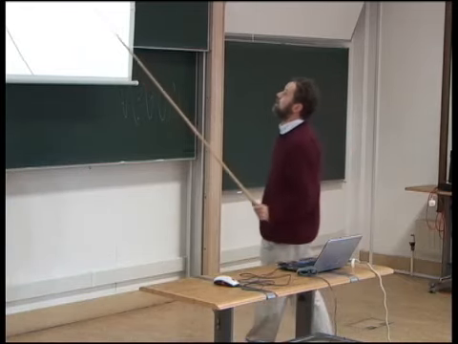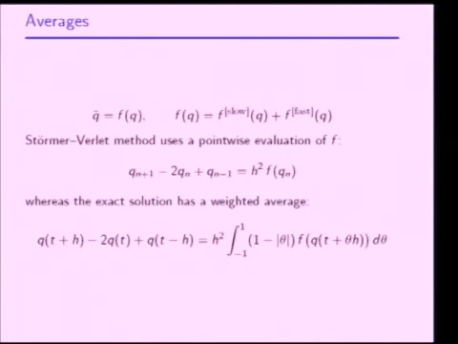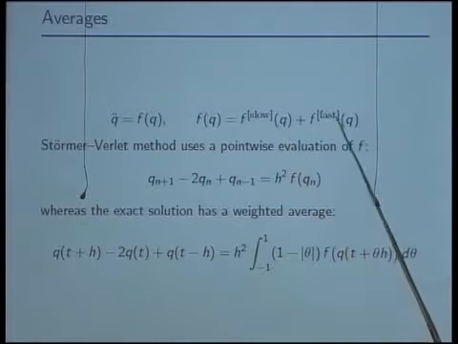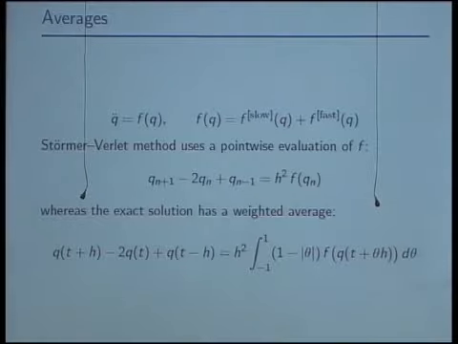Let's take a second order differential equation of standard form, where the right-hand side can be split into slow forces and fast forces, where the name suggests that F slow is changing more slowly than F fast.